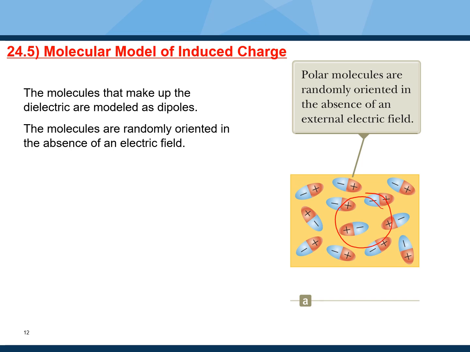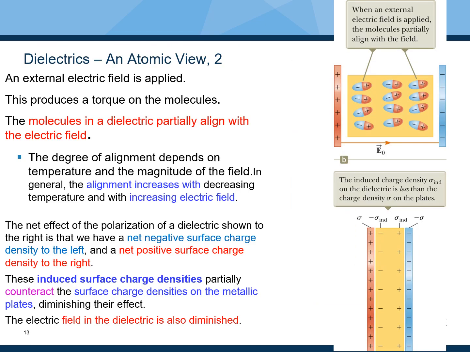Now let's ask what happens if this dielectric is placed between this positive and negative charge plates out here. If you draw a circle out here, you will indeed still see that the net charge is equal to zero inside the circle.